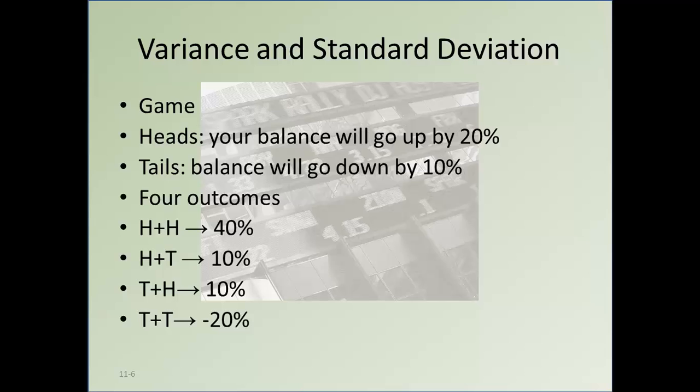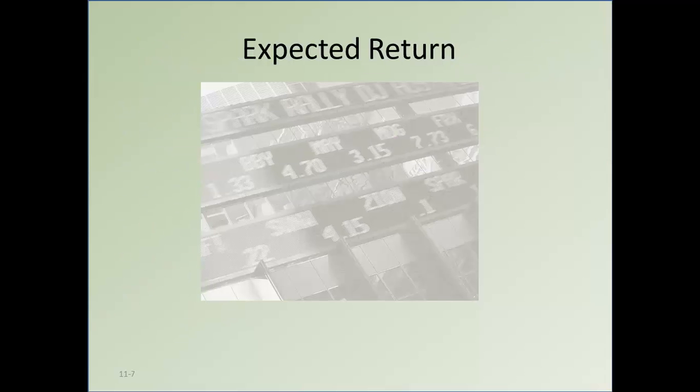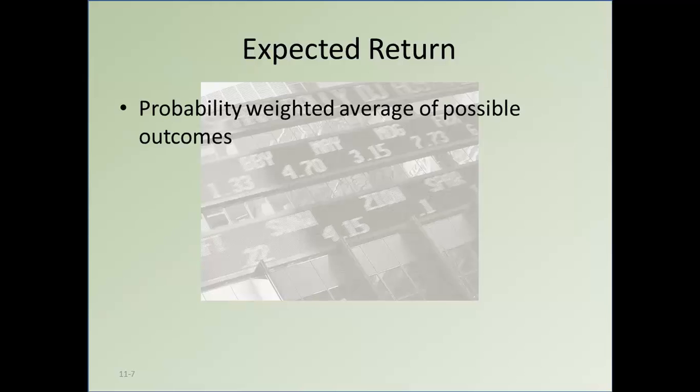What is the likelihood that each of these events would occur? Since the total number of occasions in which these events can occur is 4, and we've covered all possible outcomes, each event has a probability of 1 in 4, or 25%. Now that is used to calculate expected returns. The probability weighted average of possible outcomes is called expected returns.